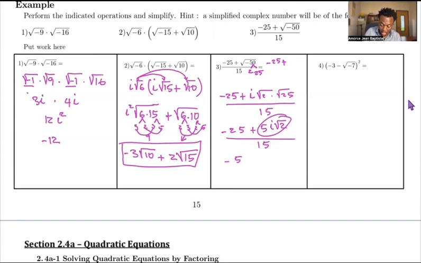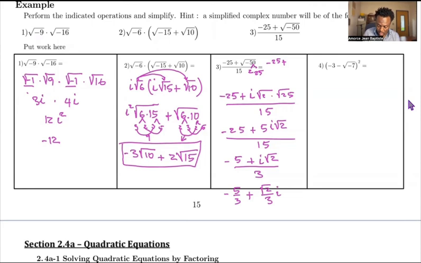That's just i square root of 2. And simplify by 5, that will be 3. If you separate the denominator, that's -5/3 plus square root of 2 over 3i.